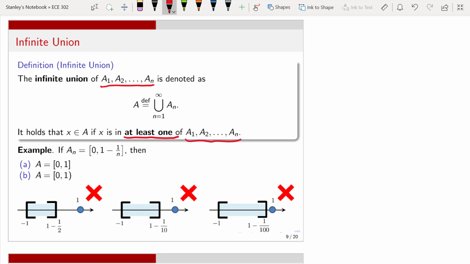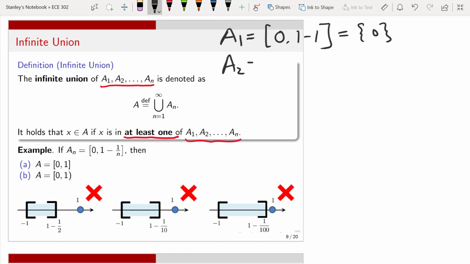Okay, so it could be a little bit abstract to understand what this means, but let's look at an example which would become clearer. Suppose you have a sequence of sets. These are all the intervals from 0 to 1 minus 1 over n, where n goes from 1 to infinity. So what are these sets? A1 is from 0 to 1 minus 1, because 1 over 1 is 1, so you have a set that contains 0 only.